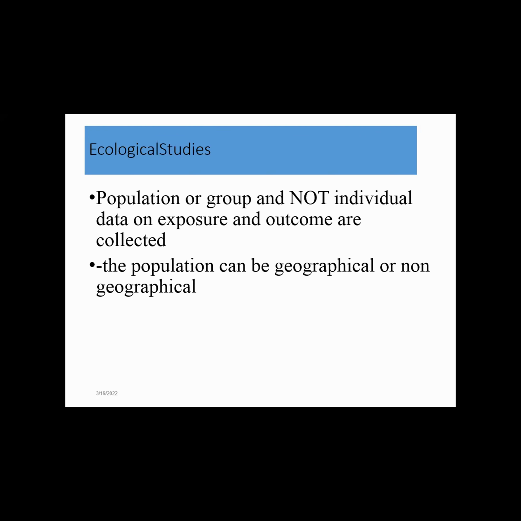Now, for a cross-sectional study, the reason why they call it a cross-sectional study is that we do not know the outcome, neither do we know the exposure. We don't know the independent variable, and we don't know the dependent variable.